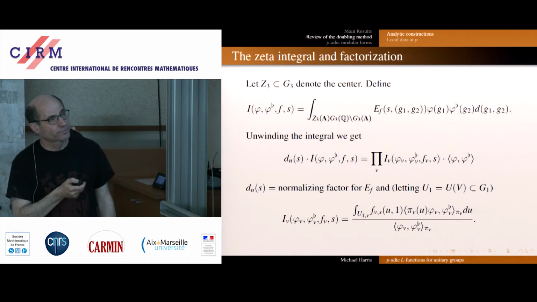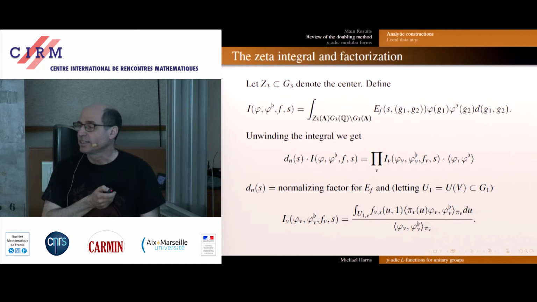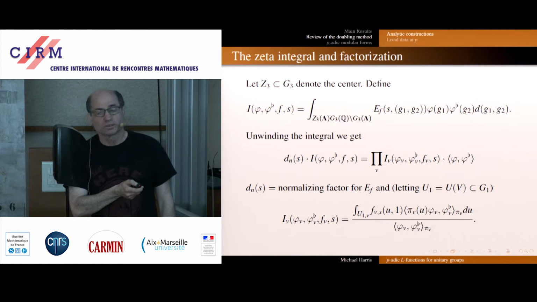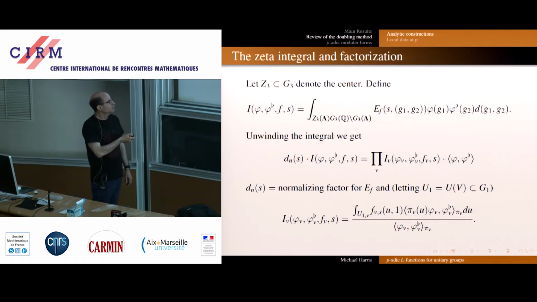Each of these terms is a local zeta integral, in the style of Piatetski-Shapiro and Rallis, that's normalized because the choices have to be compensated. So as it's set up, it doesn't involve any choices.